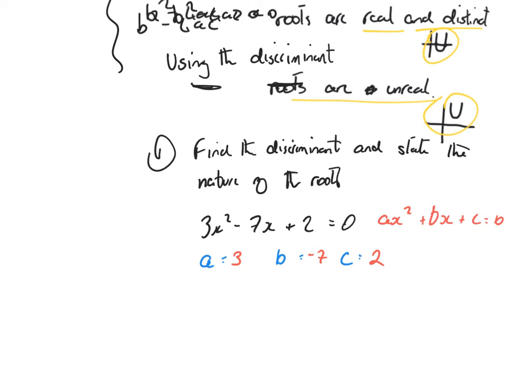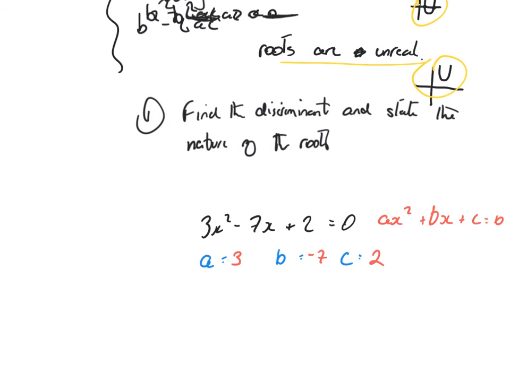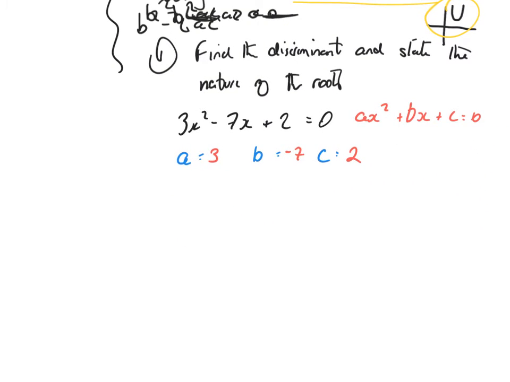We're then going to calculate the discriminant. What's the discriminant again? Let's just take note of that: that's b squared minus 4ac. So again, substitution. Where I see a, I can replace it with 3. Where I see b, I can replace it with minus 7. And where I see c, I can replace it with 2. So it's b squared, so it's going to be minus 7 squared, let's put that in a bracket, minus 4 times a times c, so that's minus 4 times 3 times 2.